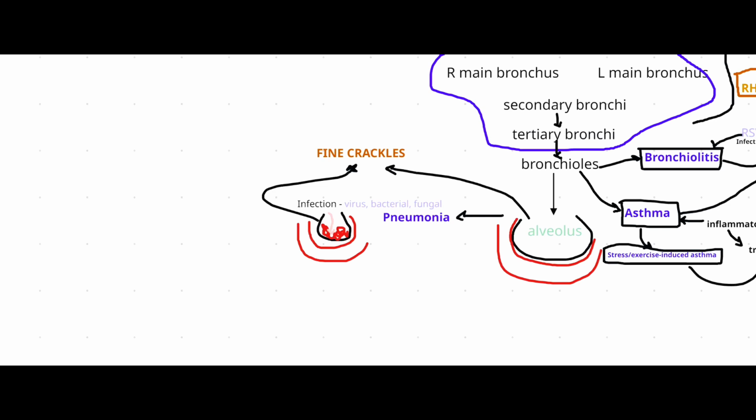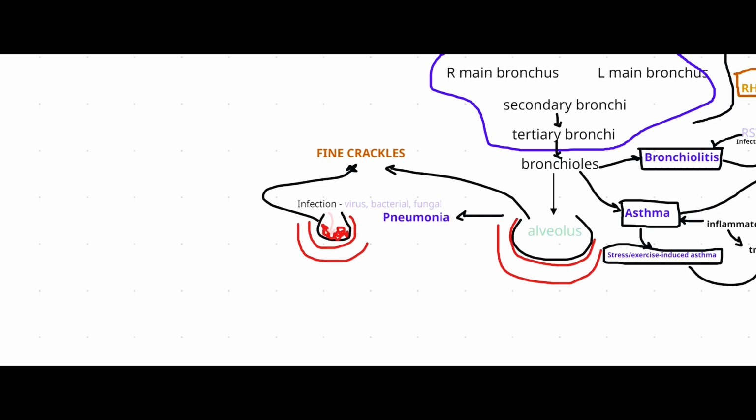So why is it fine? Because it's secretions, it's thick. So it's harder for the air molecules to go through the thick secretion. There's going to be some bubbling sound, but it's more like tiny little Velcro, or like Rice Krispies in milk, that kind of sound.